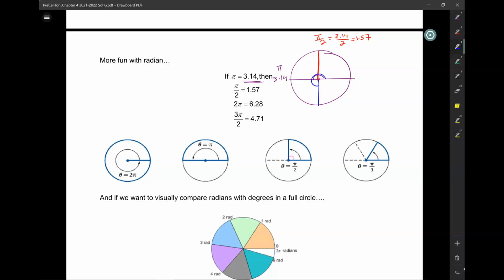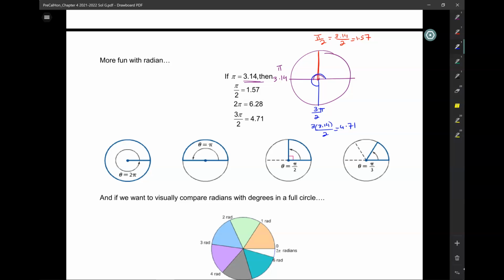What's another word for 1.5? 3 over 2. Okay? So it's 3 times 3.14 over 2. That's 4.71. Okay. You don't have to memorize all those. But you should know that it's 0, 3.14. So if you have an angle of 2 pi, you should know that it falls somewhere here.